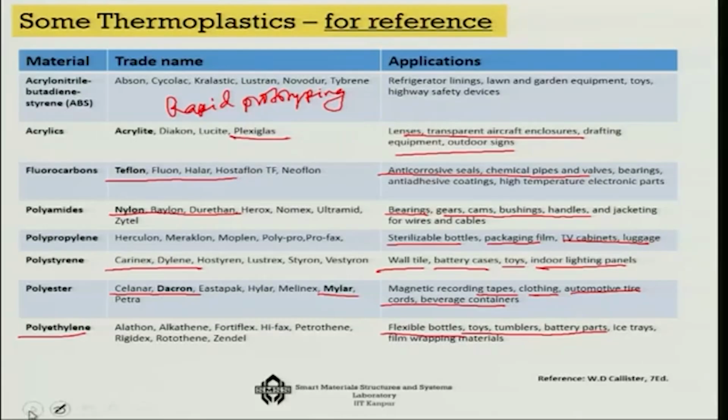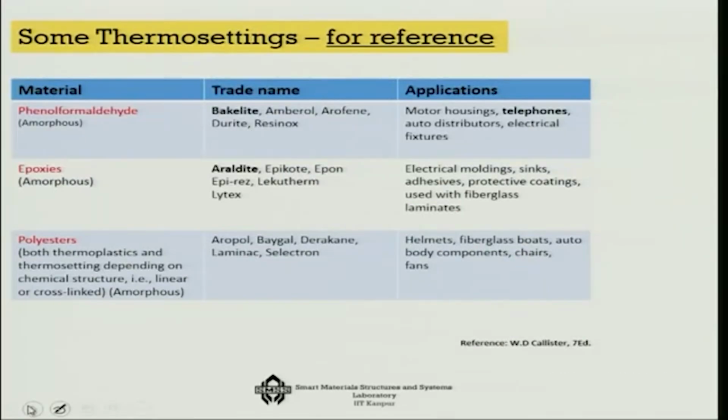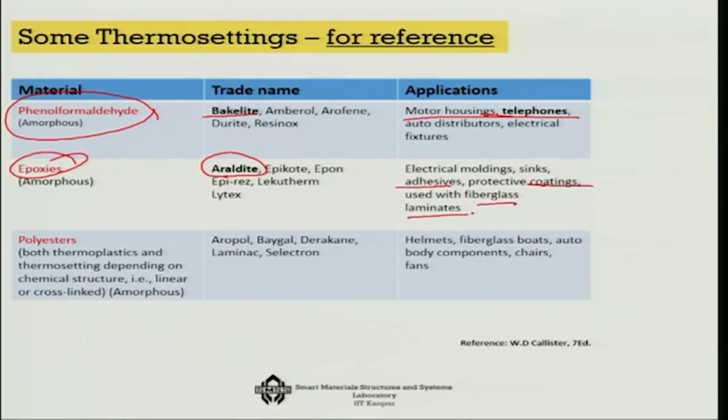all sorts of very general purpose applications. Now there are the thermosettings, and there are three important thermosettings. One is the amorphous one, that is the phenol formaldehyde. The trade name is bakelite. It is used in telephones, motor housings, etc. Then the epoxies, which are also amorphous. The popular trade name is araldite, which is used in adhesives, protective coatings, fiberglass laminates.